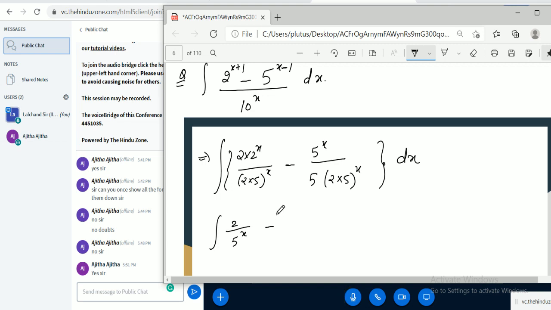Here 5 to the power x gets cancelled and this will be minus 1 by 5 into 2 to the power x into dx, isn't it?